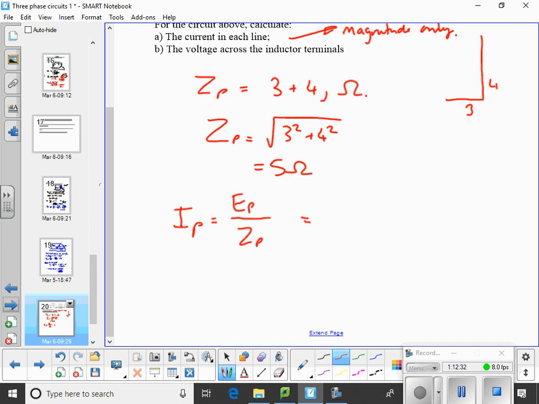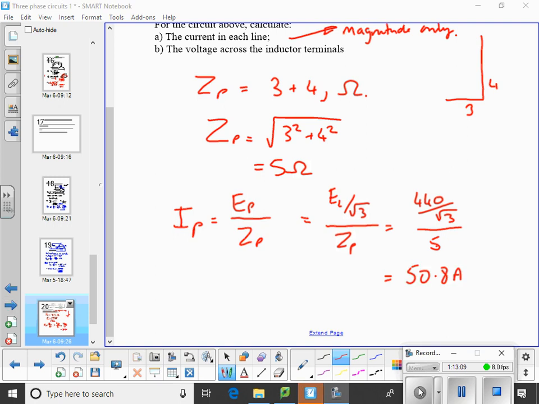How can I rewrite E phase with the information I got? Given EL, over root 3, divided by Z phase. So that's 440 over root 3 divided by 5. 50.8 amps.